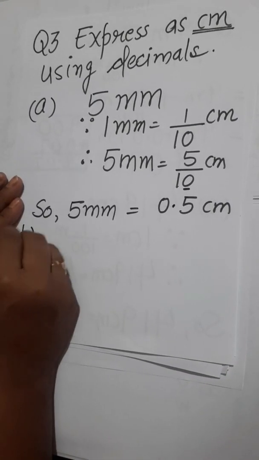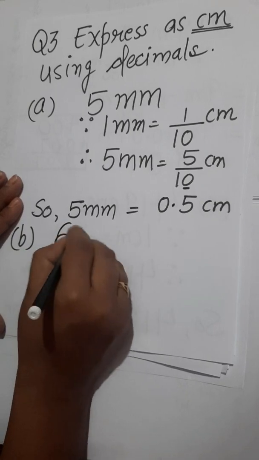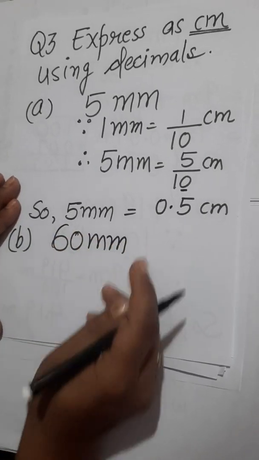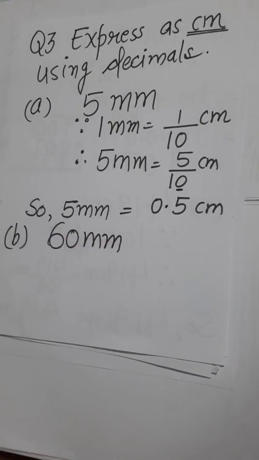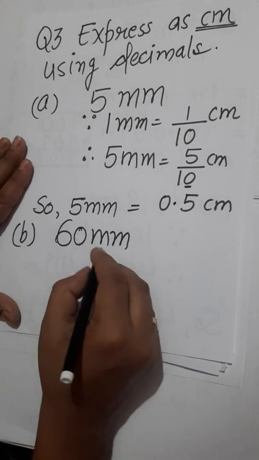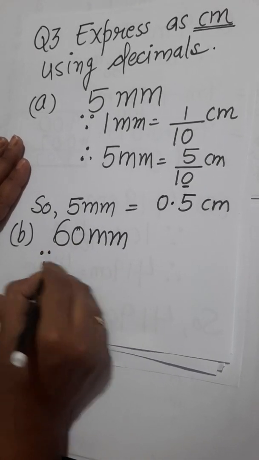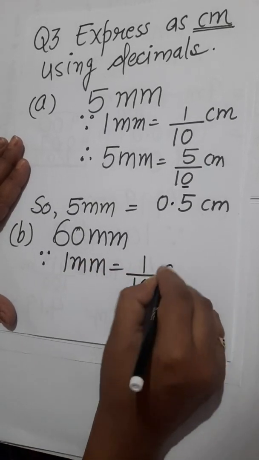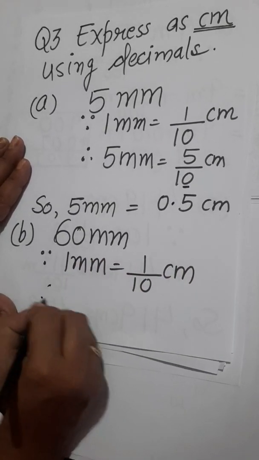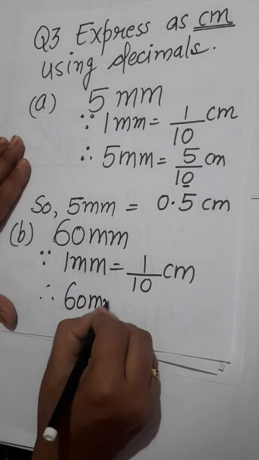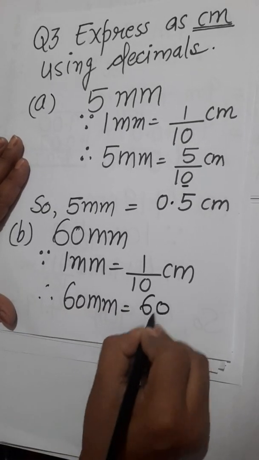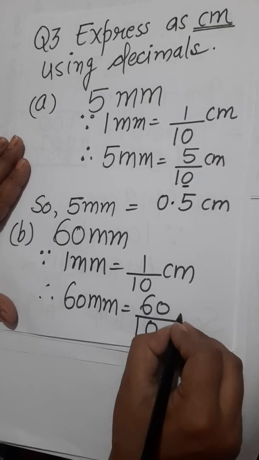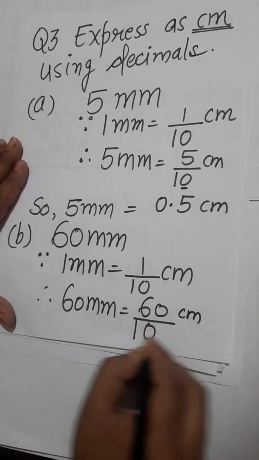Now next we have B part. Here we have 60 millimeter. Since 1 millimeter is equal to 1 upon 10 centimeter, I will write 60 millimeter is equal to 60 upon 10 centimeter.